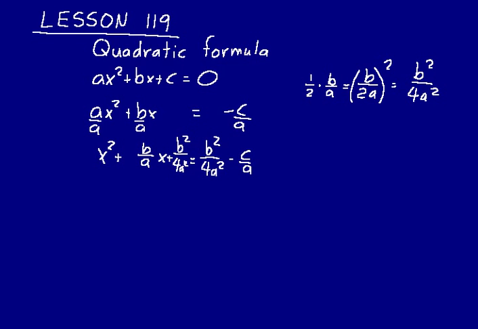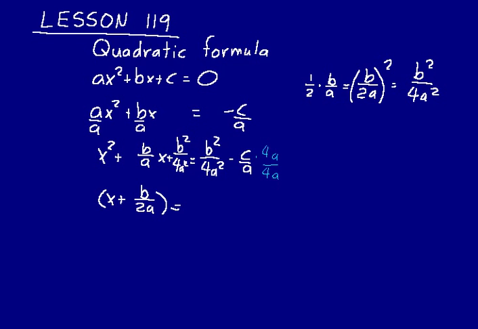Now we can complete the square. We can make a squared binomial on the left, which will be x plus half of the x coefficient, b over 2a, squared, is equal to b squared over 4a squared minus c over a. Now we need to add those two together, so we need to multiply c over a by 4a over 4a in order to get a common denominator.